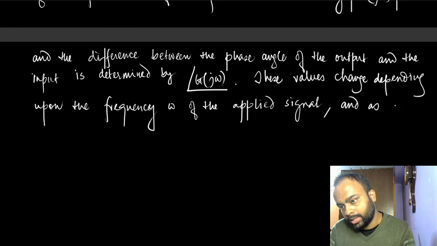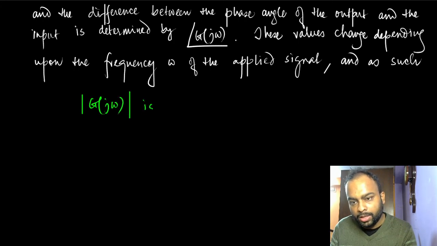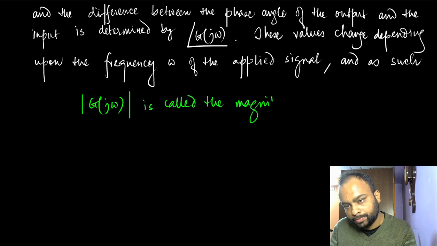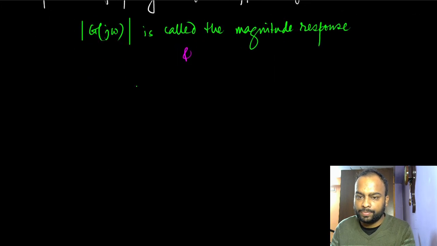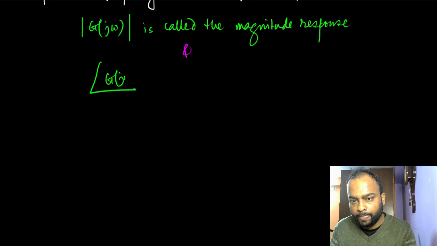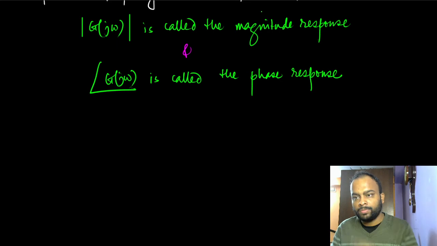and as such |G(jω)| is called the magnitude response and angle G(jω) is called the phase response of the system.